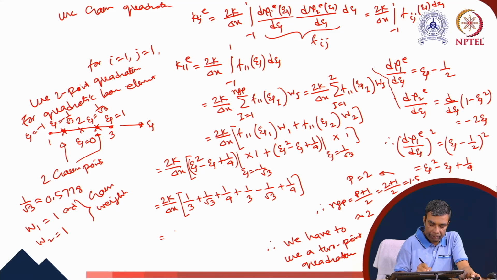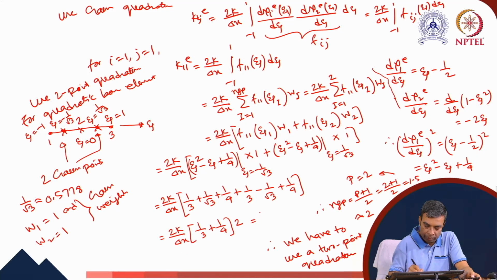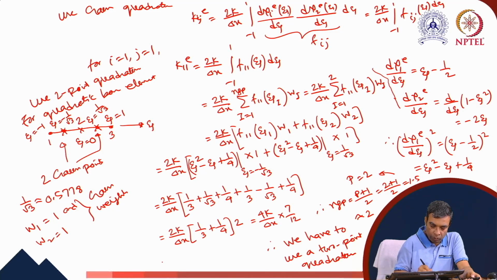This gives us 2k by delta x into (1/3 plus 1/4) present 2 times. So we have 4k by delta x into 7 by 12 equals 7k by 3 delta x.